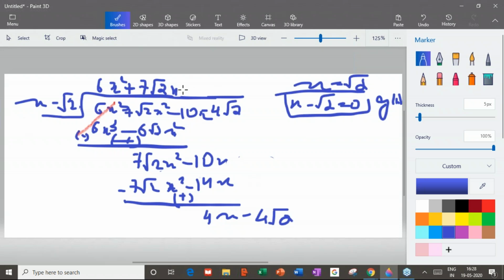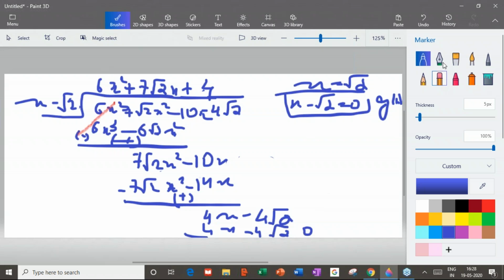Finally, you need 4, so plus 2. 4, sorry. So 4x minus 4 root 2. So you will get the remainder as 0.